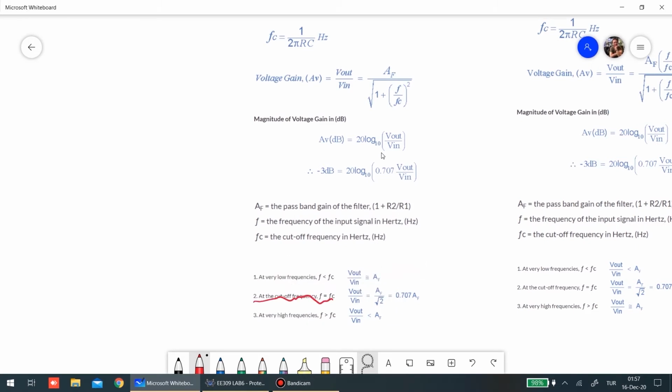For the cutoff frequency gain, we will multiply the passband gain by 0.707. For the frequencies bigger than the cutoff frequency, we expect a gain smaller than the passband gain.